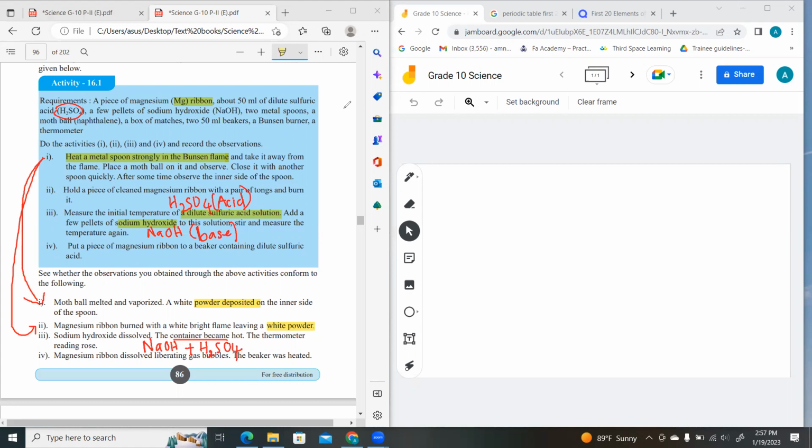Here you must be familiar with the charges of those, right? Now sodium hydroxide is formed by what? Sodium, the sodium plus ion, and the hydroxide ion. You know, this is a polyatomic ion. You have to learn those charges and the symbols of those ions. Those are very important.